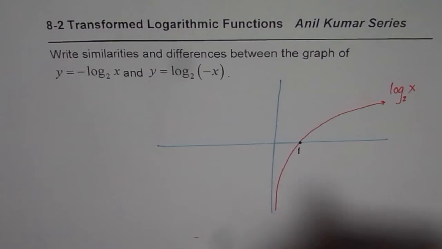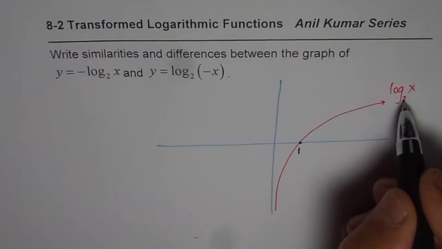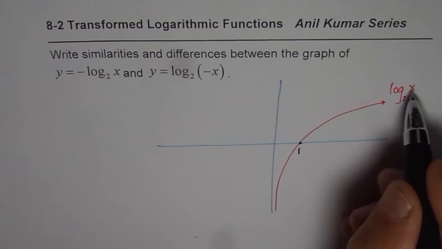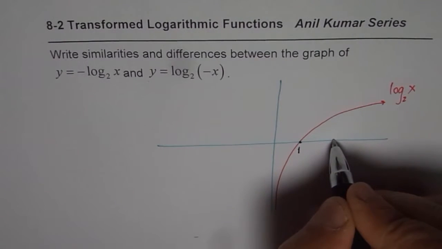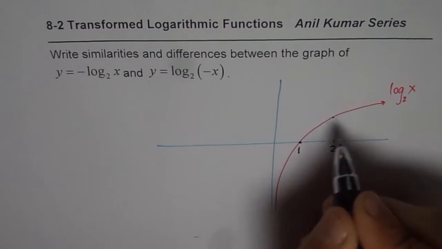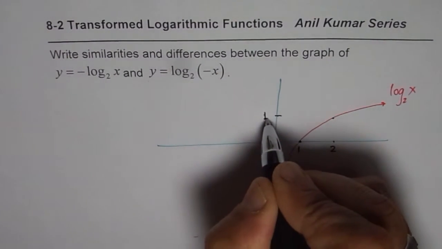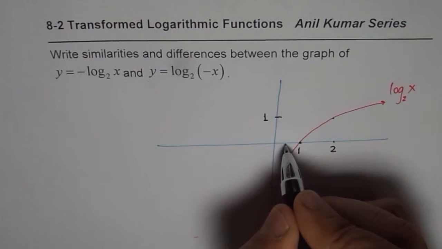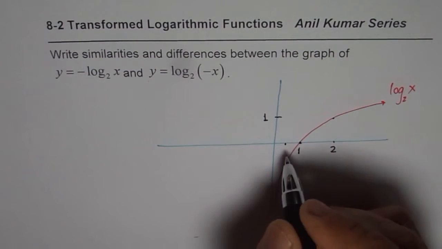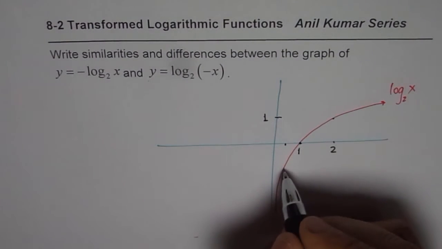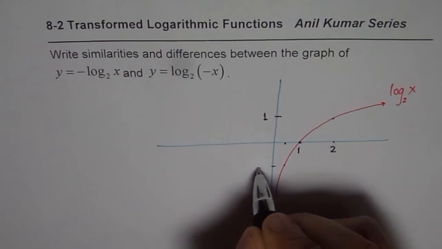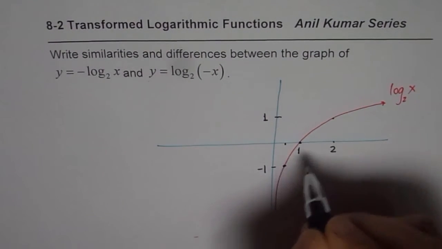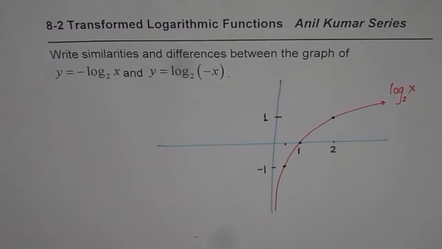So that has to be 1, and since the base is 2, that means that if x is 2, then we get 1, right? So at x equals 2, the value of the function should be 1. And if x is half, in that case, it is to be minus 1, correct? So this is minus 1. So these are the critical points which we can consider when discussing.